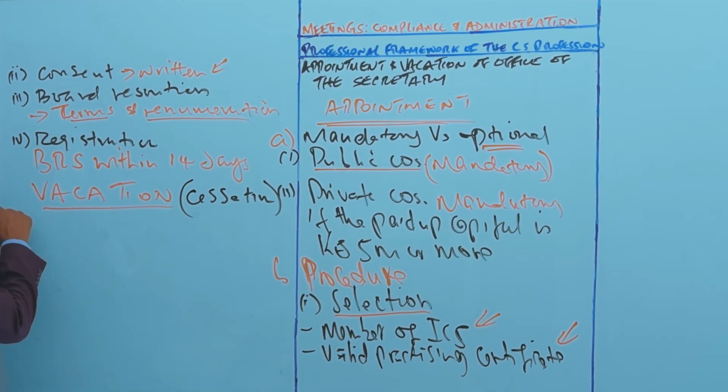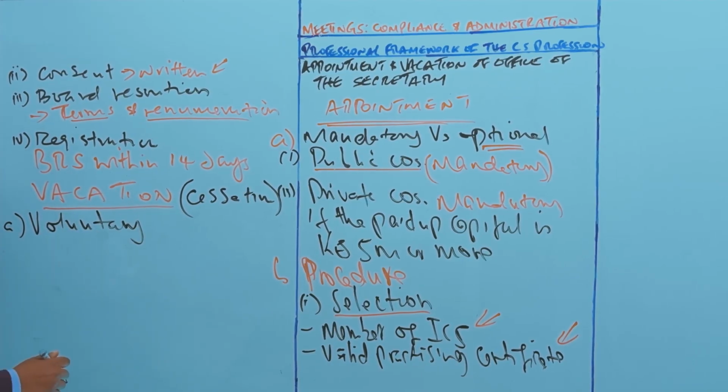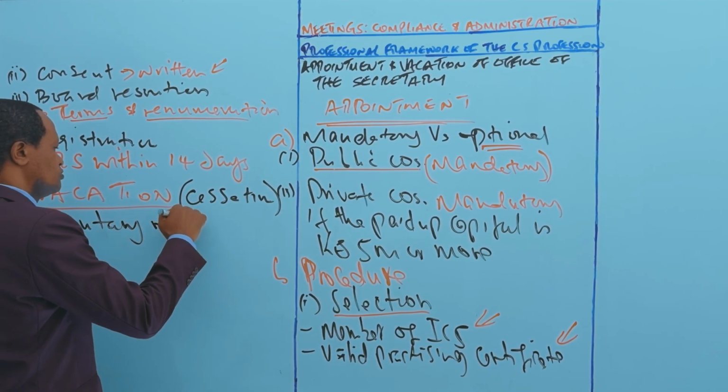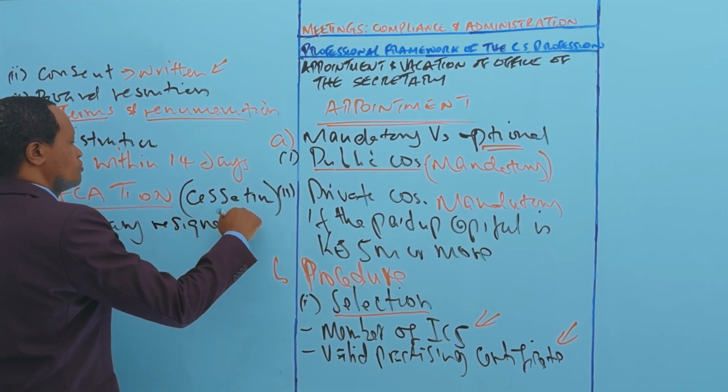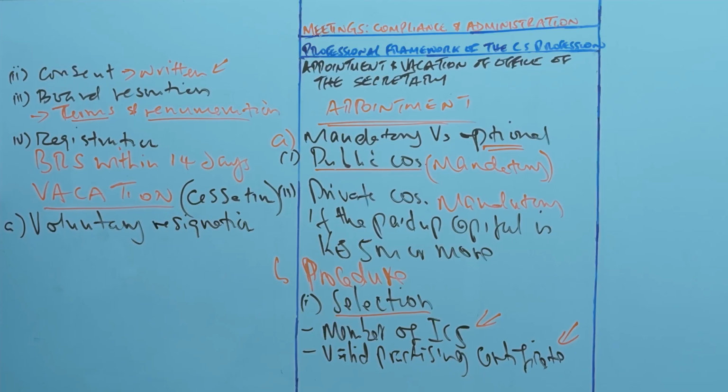So first of all, we have voluntary resignation. The company secretary may voluntarily resign. A company secretary may resign by giving formal written notice to the board.